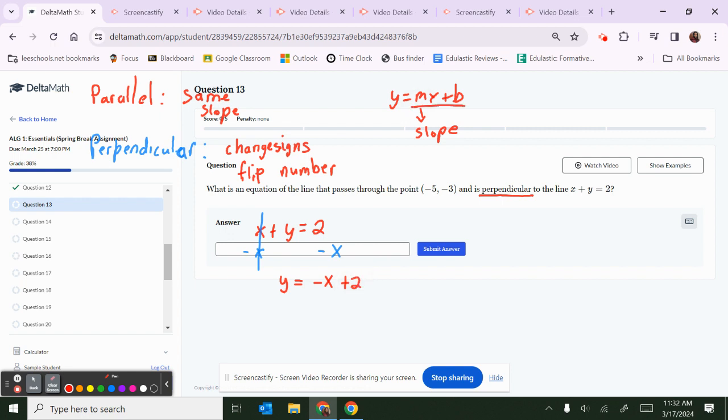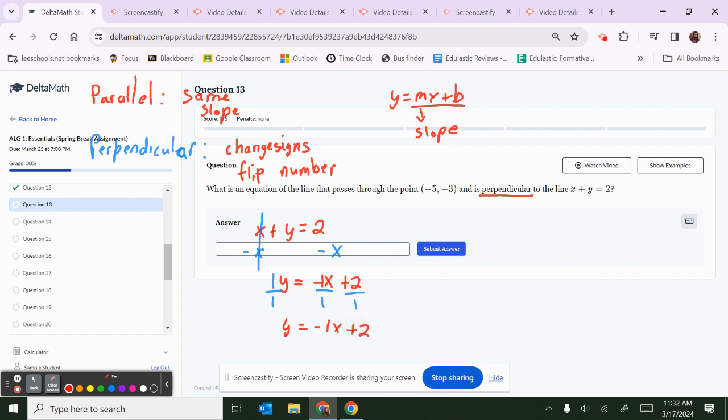Technically, in front of this x is a negative 1. Normally you divide by the number in front of the y. However, what's in front of the y? A positive 1. And if I divide by that positive 1, all my terms still stay the same.